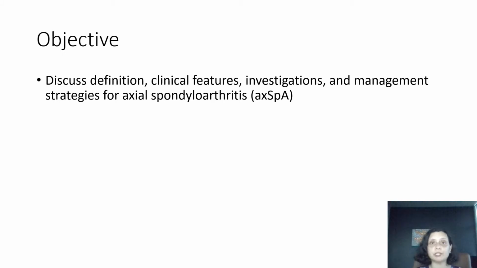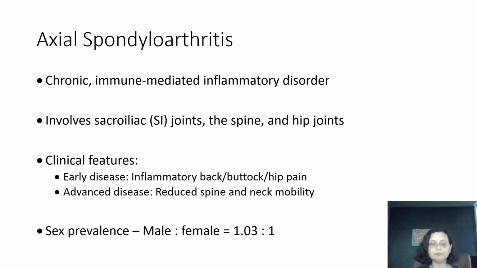Here is the objective of this segment of spondyloarthritis. Discuss definition, clinical features, investigations and management strategies for axial spondyloarthritis or AxSpA. So if you remember our umbrella of spondyloarthritis, we have axial spondyloarthritis and peripheral.